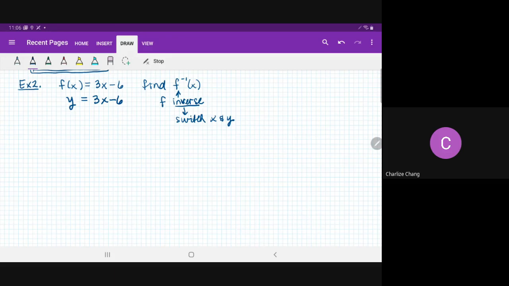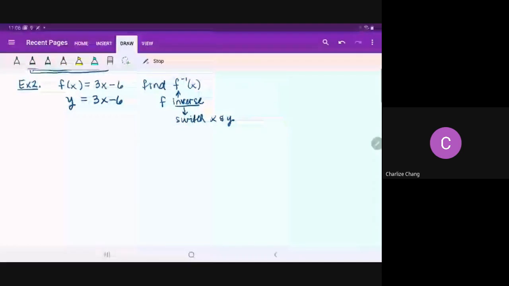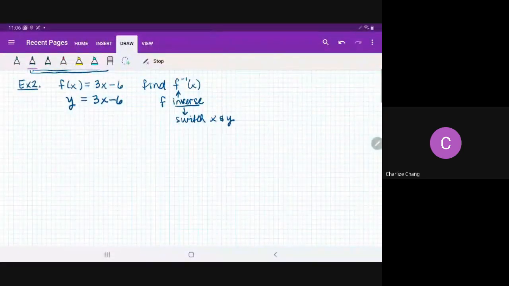Oh, is anybody else not seeing the screen? Write in the chat if you're seeing the screen or if you're not seeing the screen. Okay, so somebody else can see the screen.